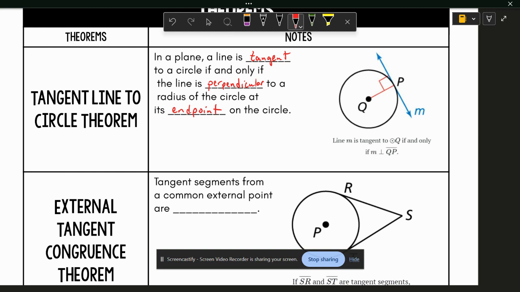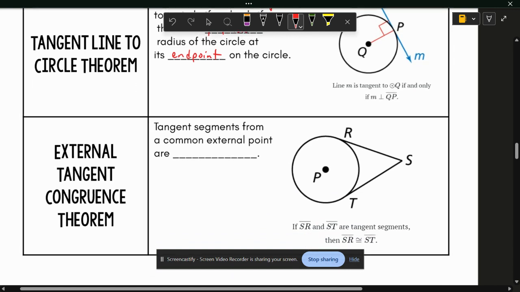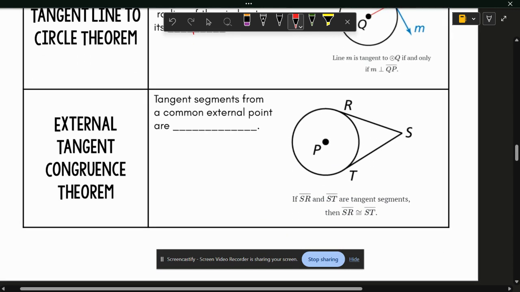The other thing that we have is the external tangents congruence theorem. Tangent segments from a common external point are congruent.